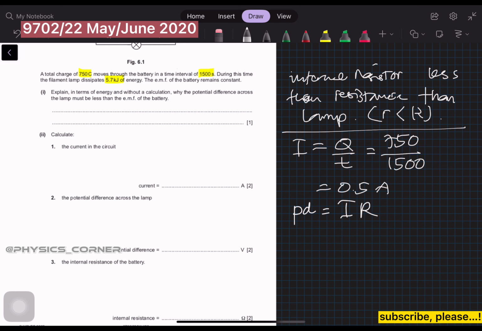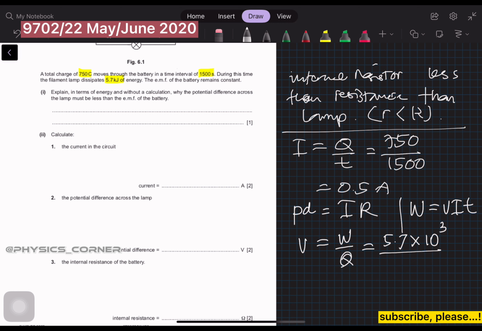I think we don't use this formula because we already have W. We can use V equals W over Q. W we have 5.7 kilojoules.